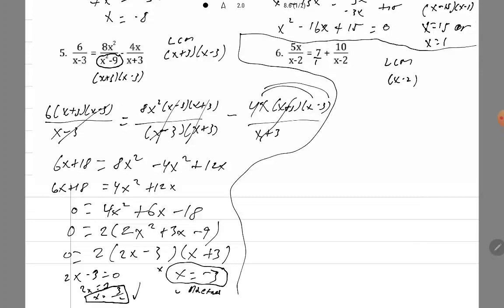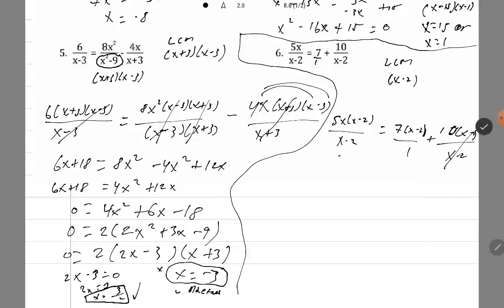So I multiply the entire top by x minus 2. So I have 5x, x minus 2 over x minus 2 equals 7 times x minus 2 over 1 plus 10 over x minus 2.